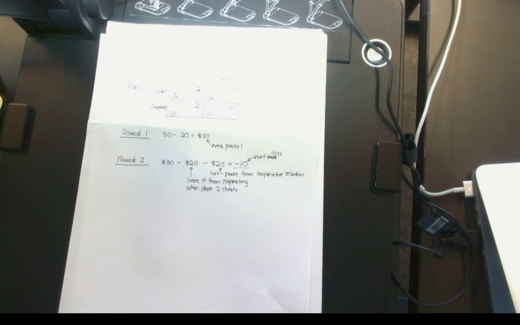So the third question is, what if the game is played more than once but will end in the second period, or it will end in the third period, or that it's a definite repeated game?